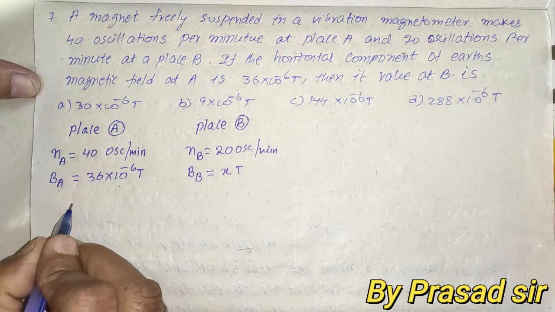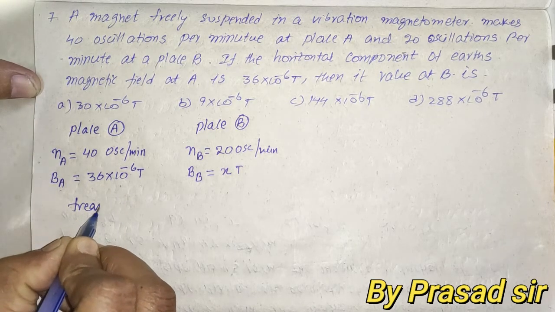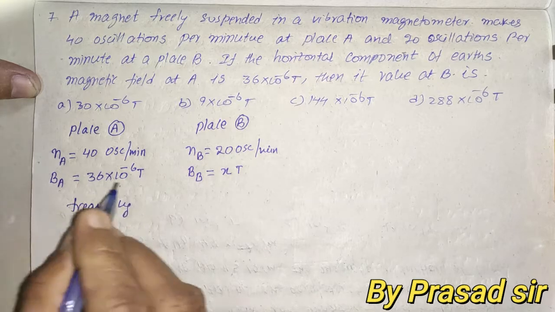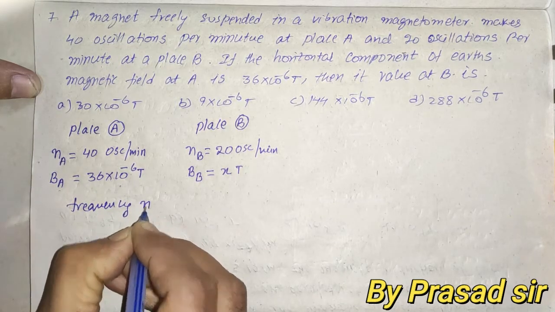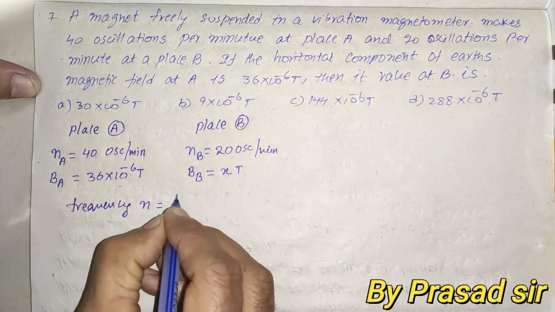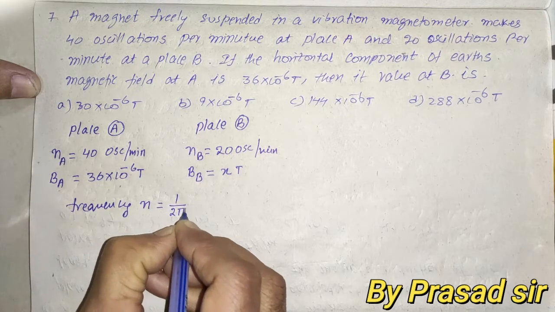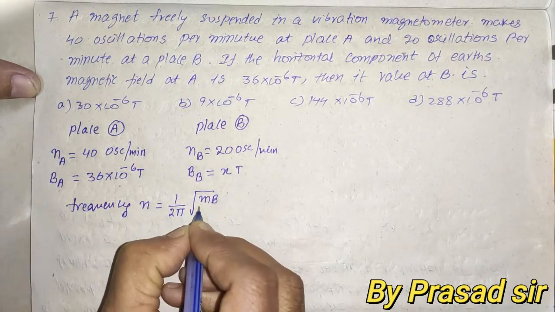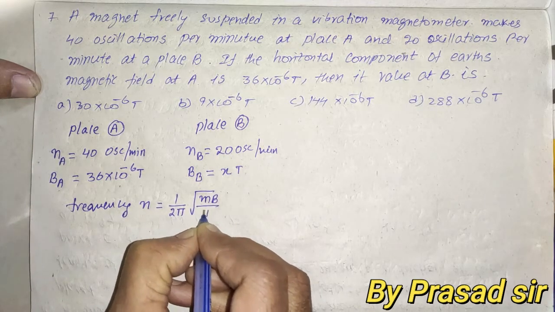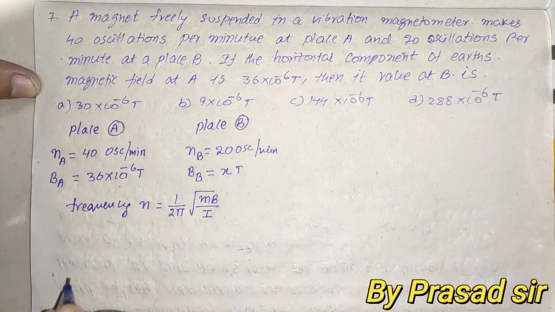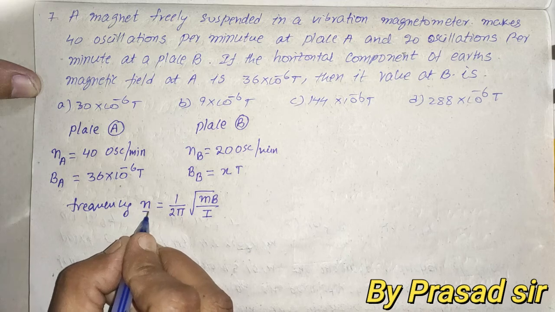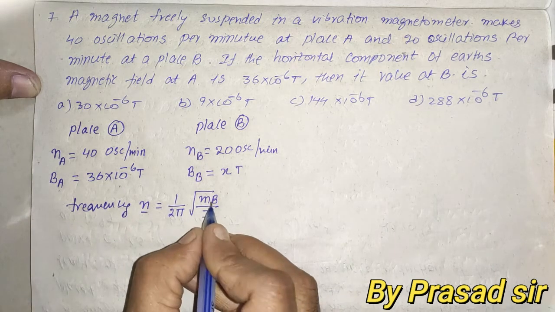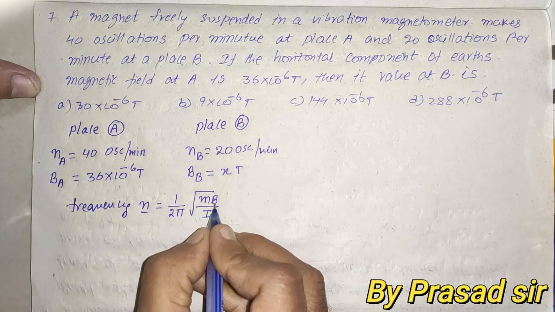So here we know the formula, that is frequency N is equal to 1 by 2 pi times square root over M into B divided by I. So here number of oscillations per second, and here magnetic field.